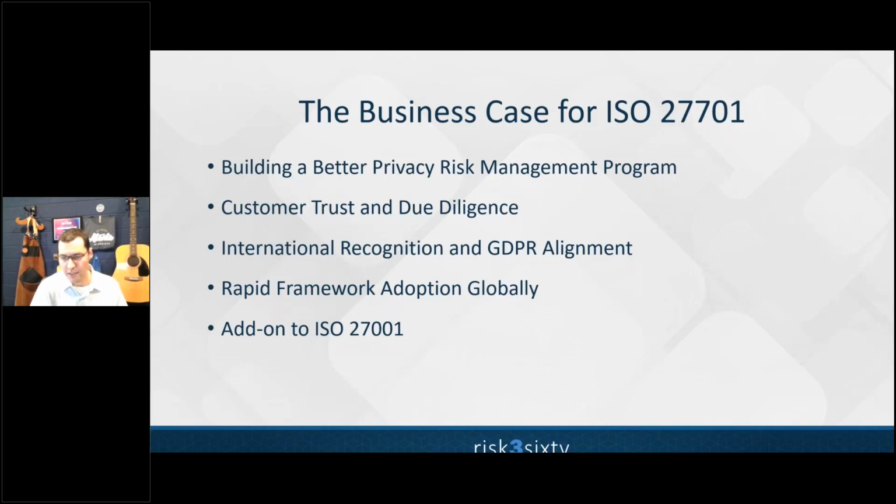So 27701, through the management system requirements, guides you on overseeing your program, performing risk assessments, tracking results, and operating the program and achieving continual improvement. So that's a big goal, especially as you just see additional privacy regulation coming down. This is a great standard to allow you to better intake those regulations and manage a unified program.